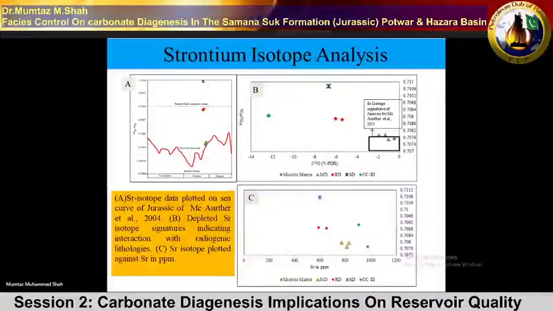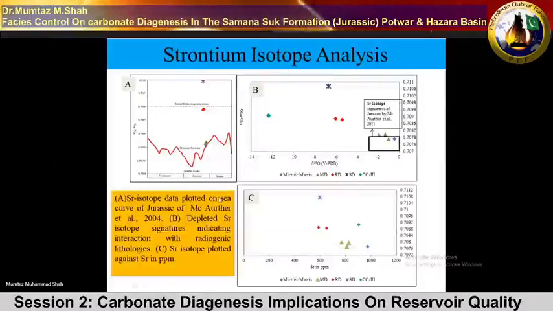Furthermore, the strontium isotope analysis had been carried out, and the strontium isotope data reflects that the saddle dolomite is more radiogenic as compared to the other phases, where we have the replacive dolomite and the matrix dolomite.